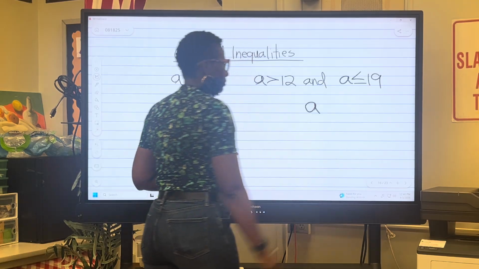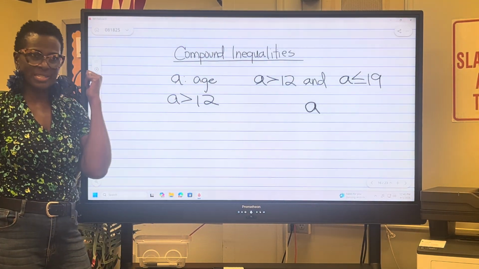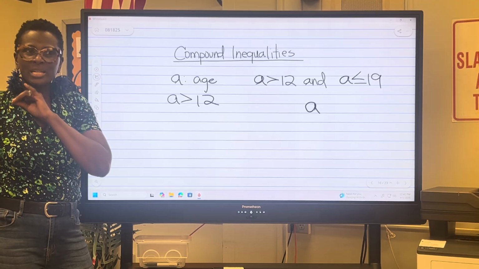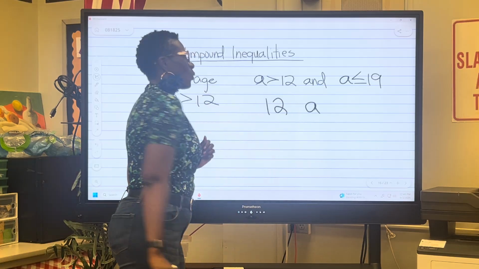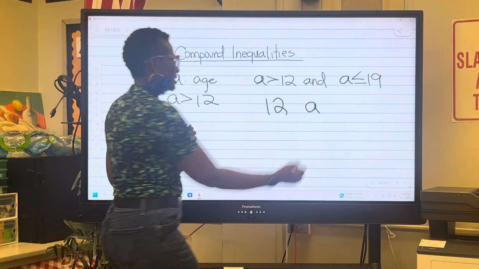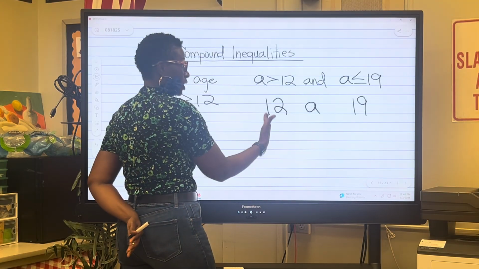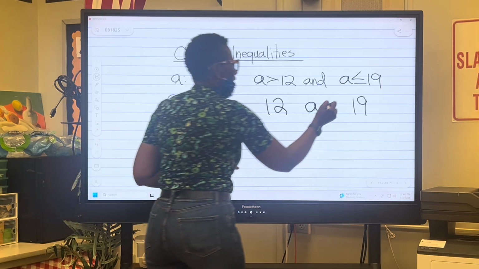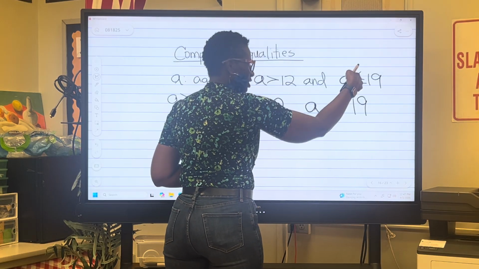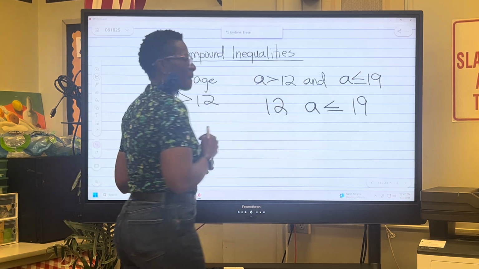I'm going to put an A in the middle. What's my minimum? 12. What's my maximum? 19. All the ages have to be between 12 and 19. Does that make sense? So I'm going to put a sign here like this. It looks just like that one, right? What sign am I going to put here?